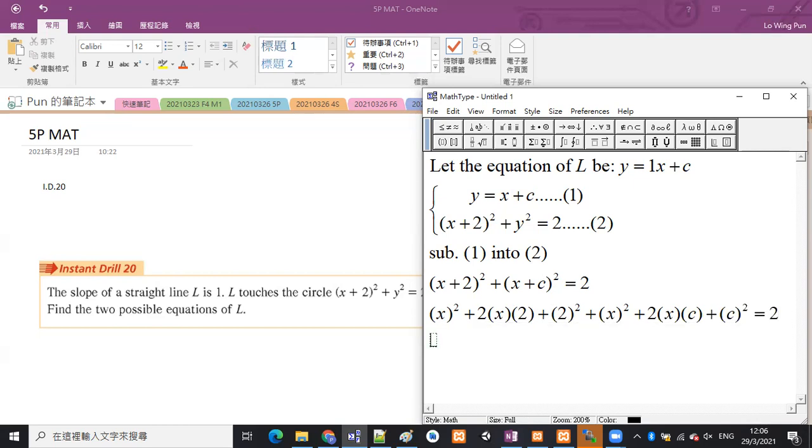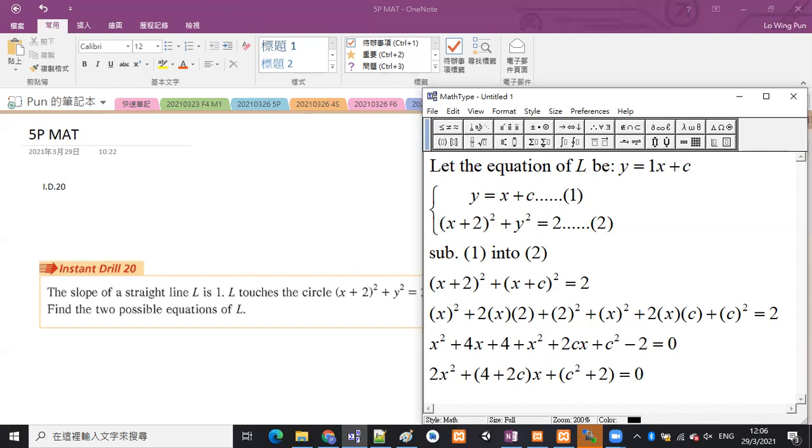Okay, and then simplify the terms one by one and calculate the like terms. Can you get this quadratic equation?